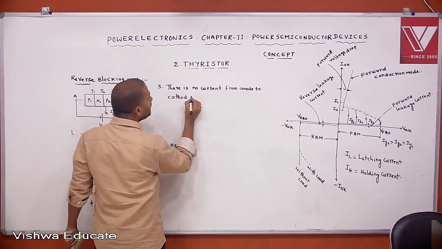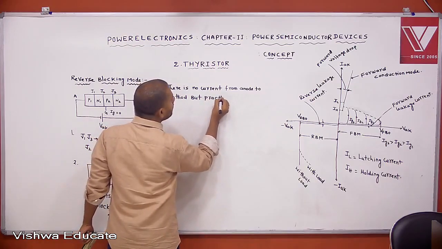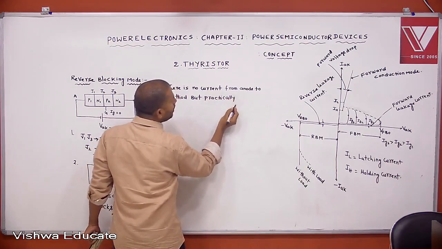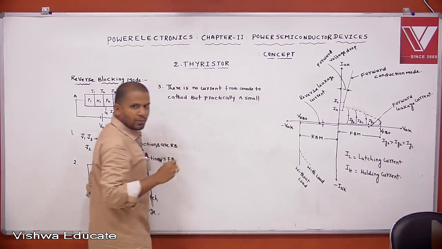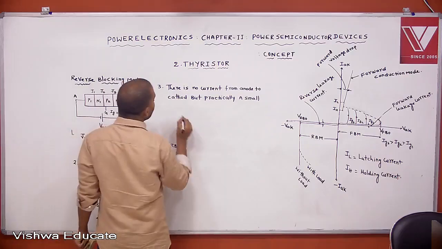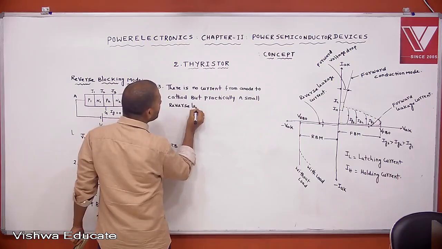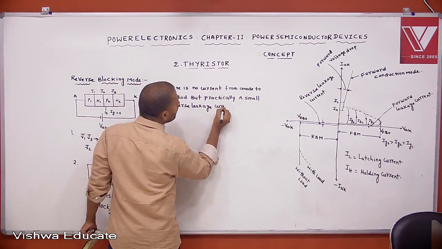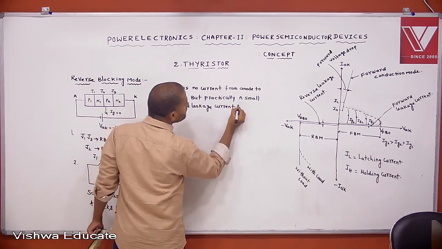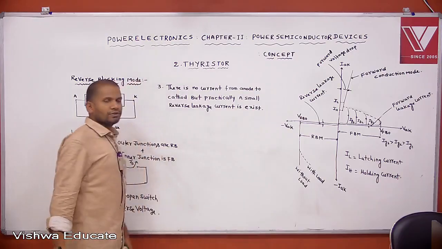But practically, a small reverse leakage current exists. You note down all these points. This is the third observation.